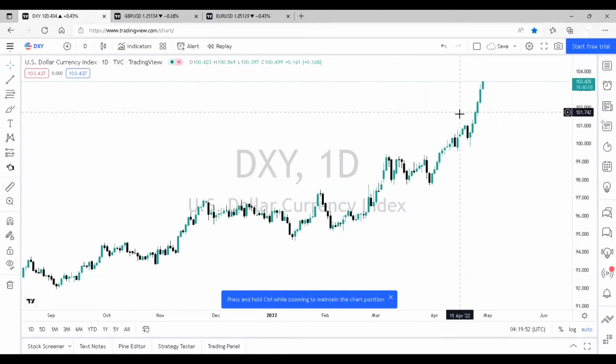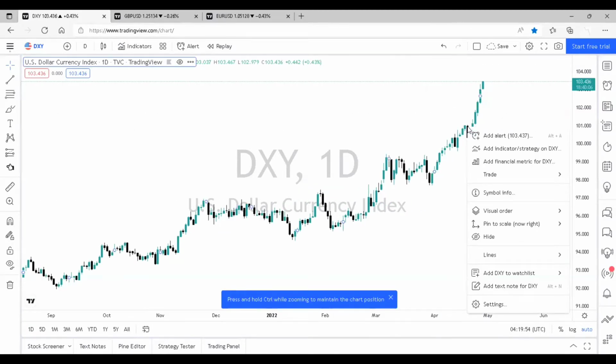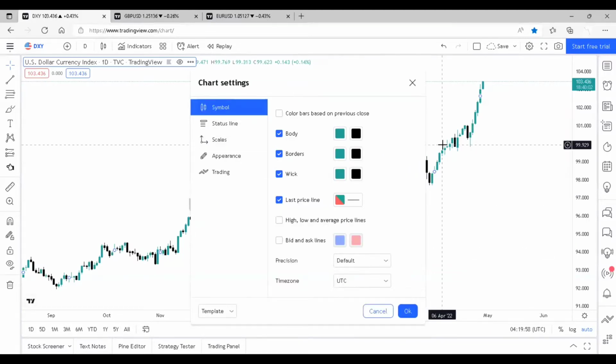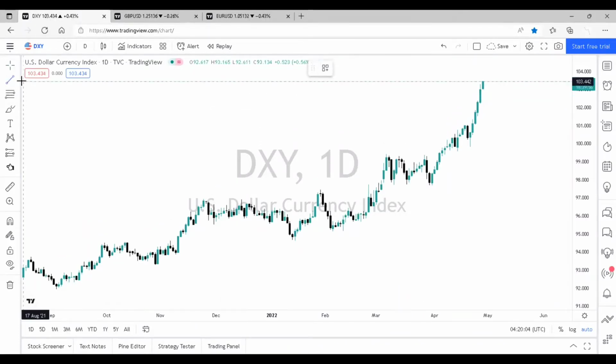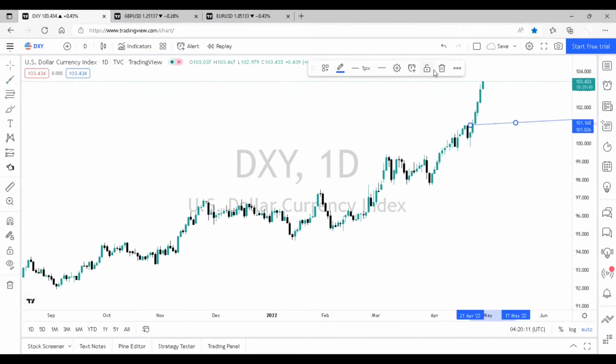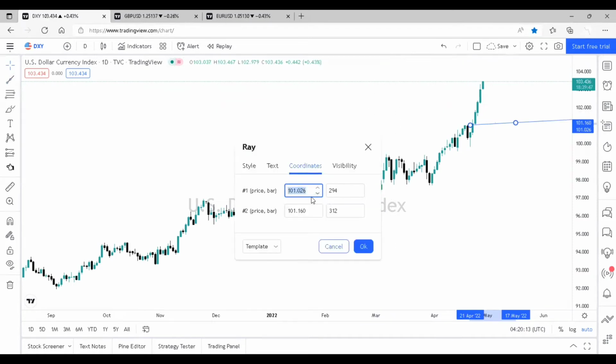Yeah, I had this order block delineated here. Right here. Yep.